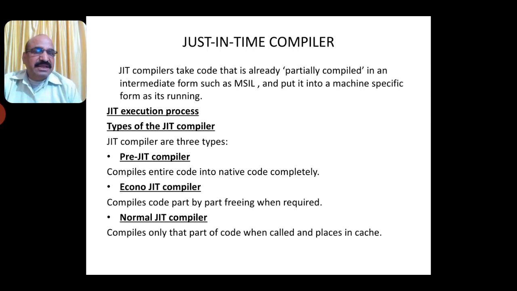These methods are compiled the first time they are called, and then they are stored in the cache. When the same method is called again, the compiled code from the cache is used for execution. So these are the three types of JIT compiler. We can use any one of them as per requirement.